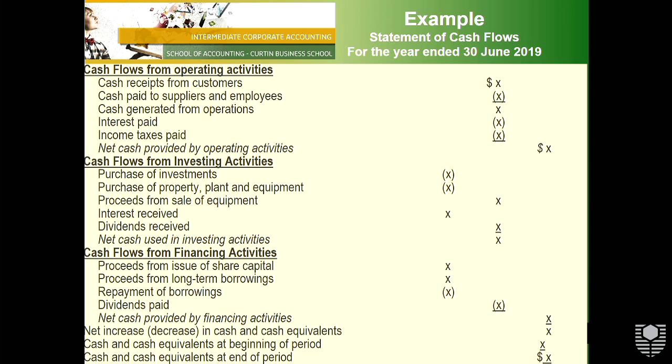So it highlights under your operating, you've got your receipts from customers, your suppliers and employees, to give you a cash generated from operations. We must show your interest paid and income taxes paid separately. That aligns with your requirement of AASB 101 for your profit and loss. Remember, within your profit and loss, you must show your interest and your income taxes separately. You must do the same in the cash flow, particularly for your interest.